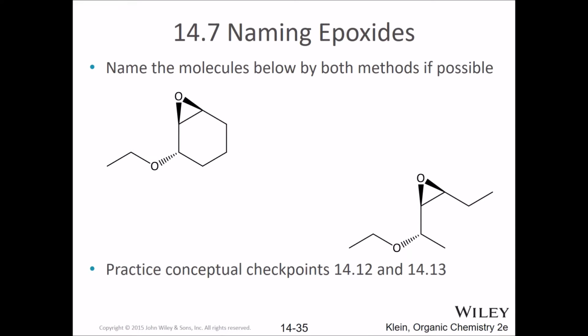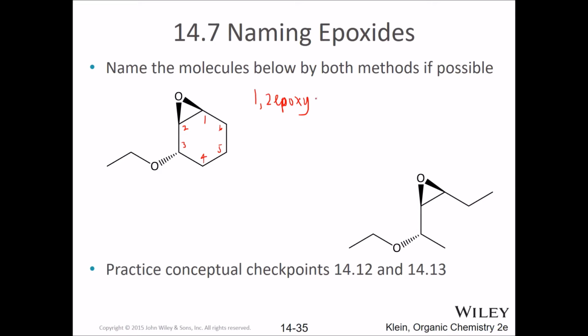Name the molecules below by both methods if possible. The first method is to name the epoxy as a substituent. Where would that be? Watch this. 1, 2, 3, 4, 5, 6.